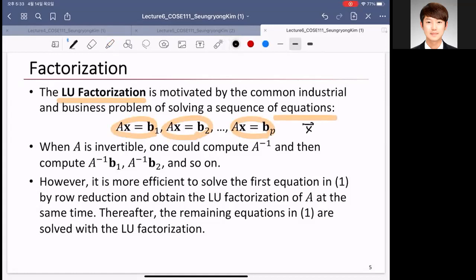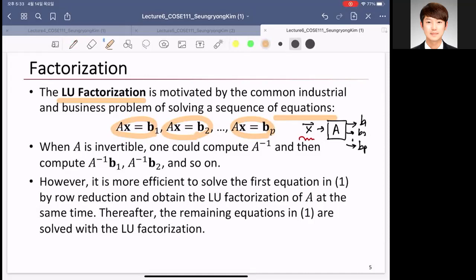With this vector x, we have an arbitrary transformation matrix A that generates b1, b2, ..., bp. Then we want to find the solution x that satisfies this condition.